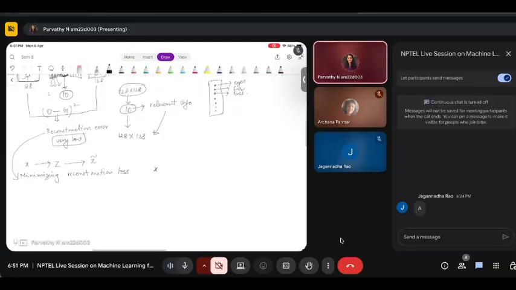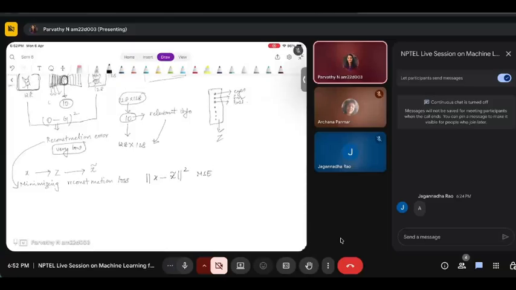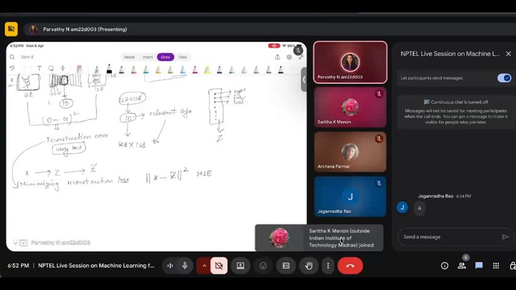If X is the actual data and X tilde is the reconstructed data, then this is the mean square error. So this will give us the reconstruction error. Here, if we see this latent space or the Z that we are having, these are just points. There is no structure on the Z value. These are just some random values.